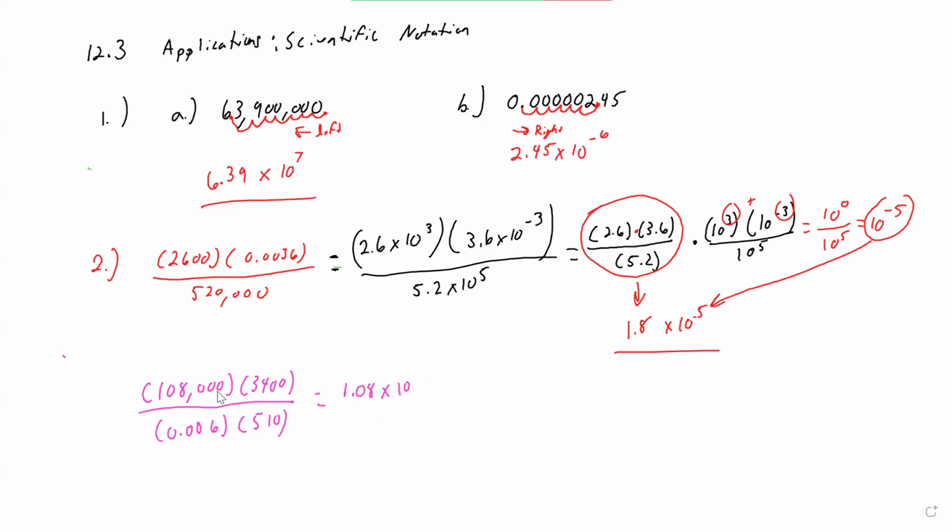So it's 1, 2, 3, 4, 5. So I'd have to move it 5 times to get that decimal to the 1 spot. Between 1 and 10.